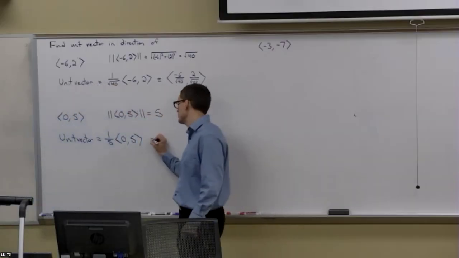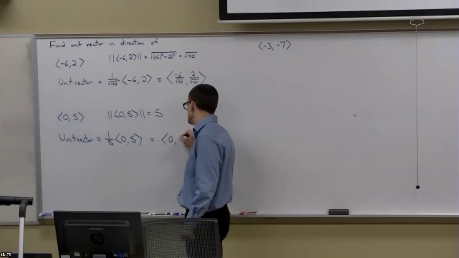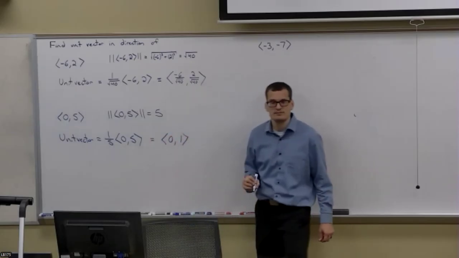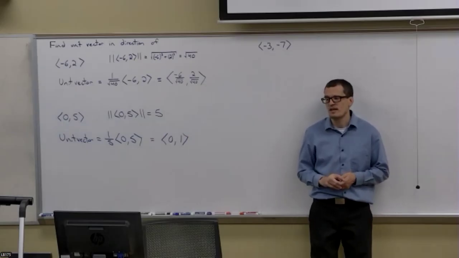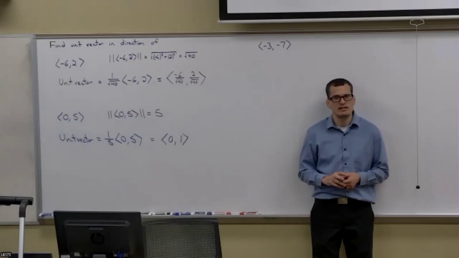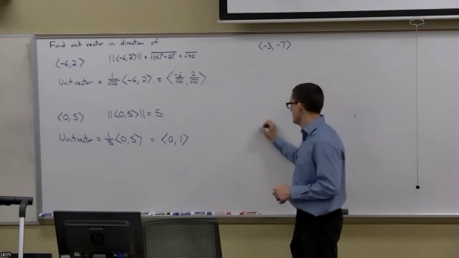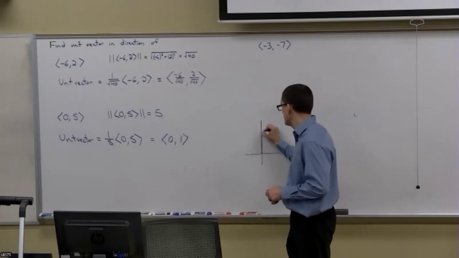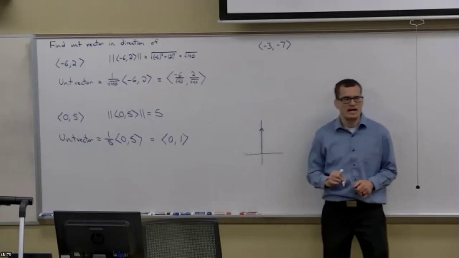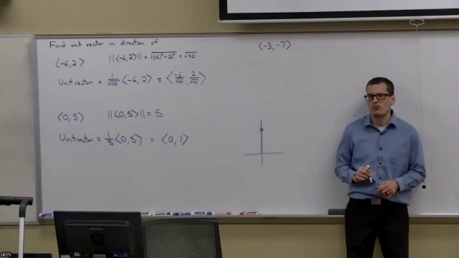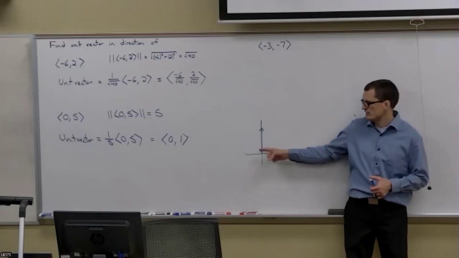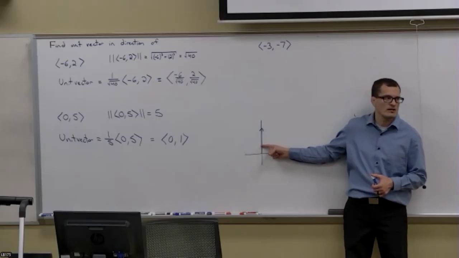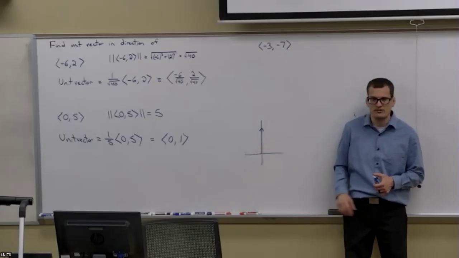When I distribute this one, that's the vector 0, 1, or j. That one should have been fairly obvious and intuitive, right? 0, 5 is a vector that shoots straight up the y-axis. So if I want a vector of length 1 in that direction, I just need the vector 0, 1, shooting straight up the y-axis.